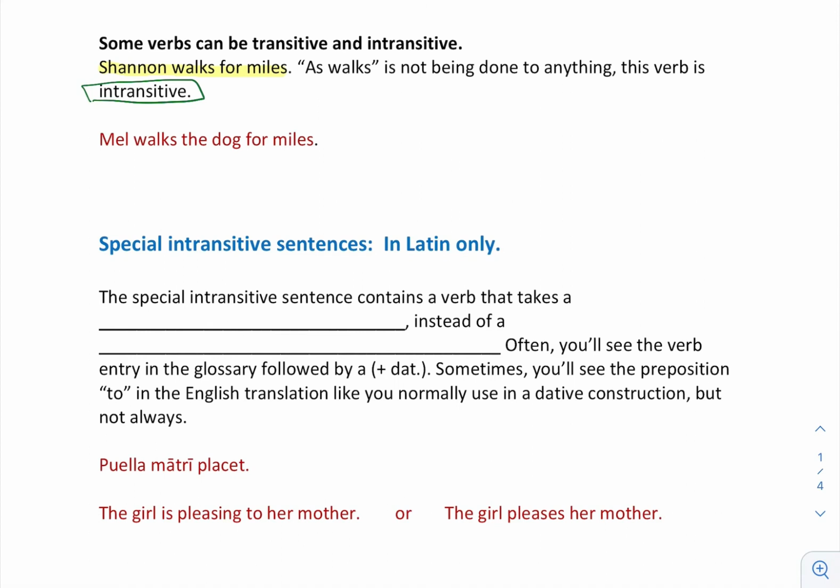So if I said Mel walks the dog for miles, this time, is something being walked? Is there a what or a whom being walked? Yes. The dog is being walked. It has a direct object, therefore, it is transitive. Okay, so even though walks is an action verb, it can be transitive or intransitive.